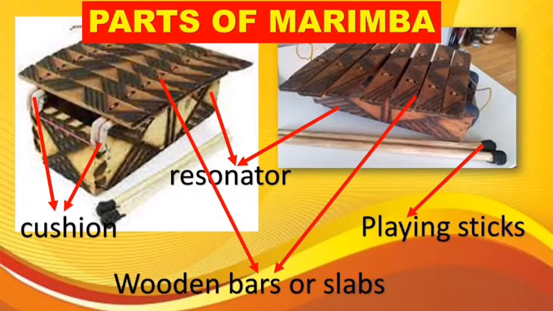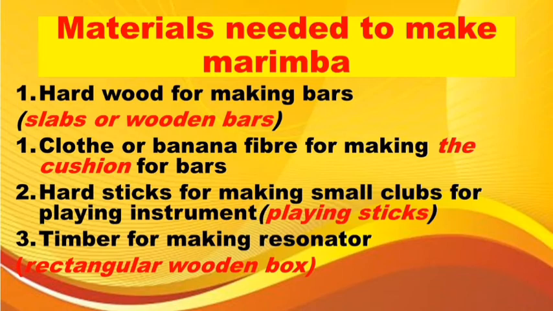Let's look at the cushion. We look at the wooden bars or slabs. Then lastly, we look at the playing sticks. Let's also look at some of the materials used to make marimba. Hardwood for making bars, that is slabs or wooden bars.